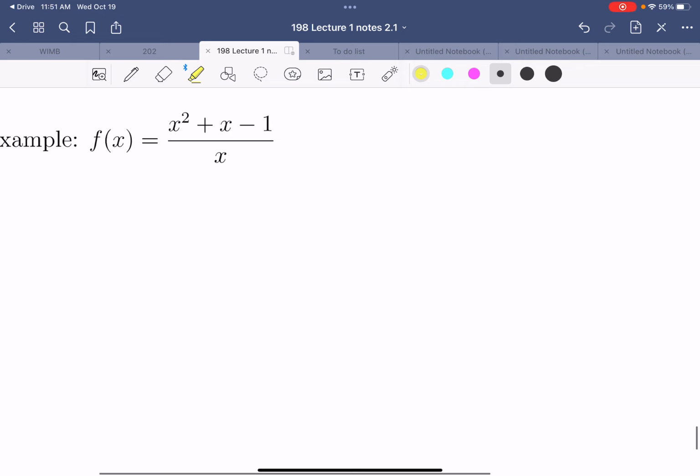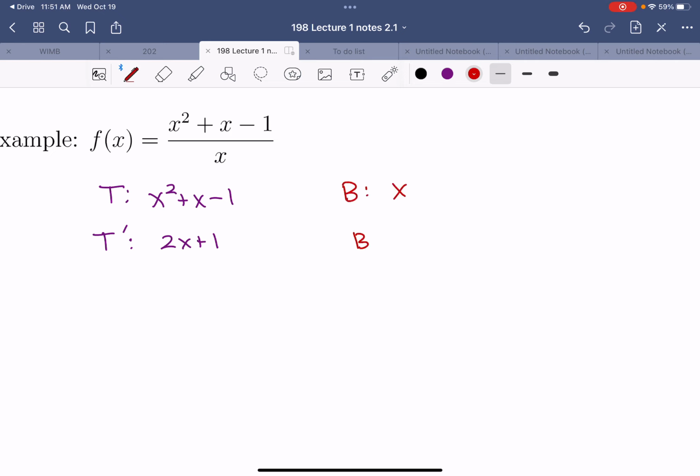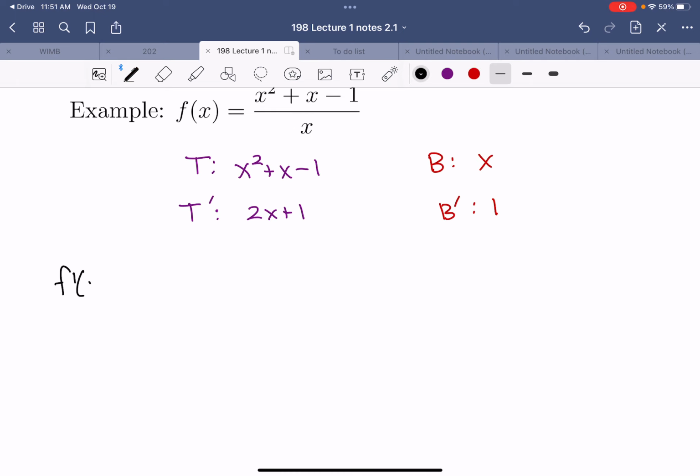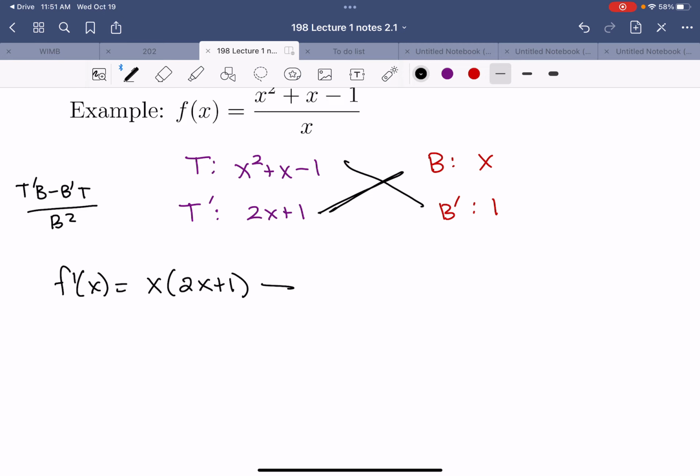So that means that function, the top is the x squared plus x minus 1, and its derivative is 2x plus 1. The bottom is just x, and its derivative is 1. So when I put the quotient rule together, I need top prime bottom minus bottom prime top over the bottom squared. So I want top prime bottom, so these two, x times 2x plus 1, minus these two.